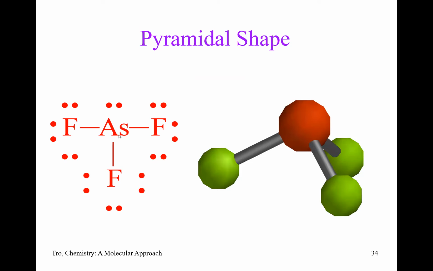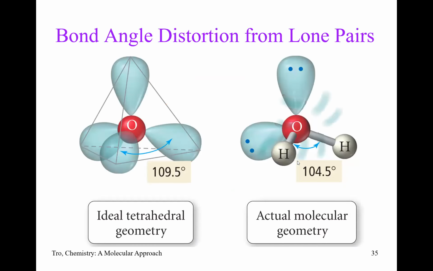As is arsenic. It's directly below phosphorus, so not surprisingly it behaves pretty similarly. And the model's kind of funny looking, but anyway, the lone pair would be on top, and it has that tripod kind of bent structure, or trigonal pyramidal structure. So again, here's water.